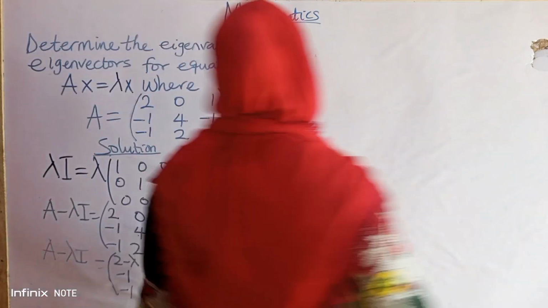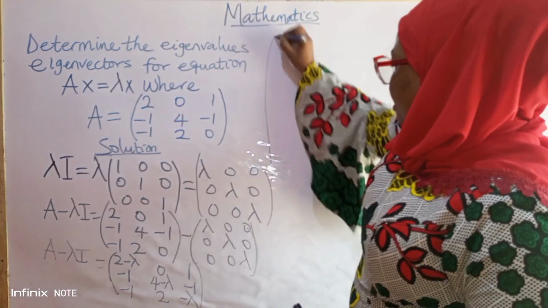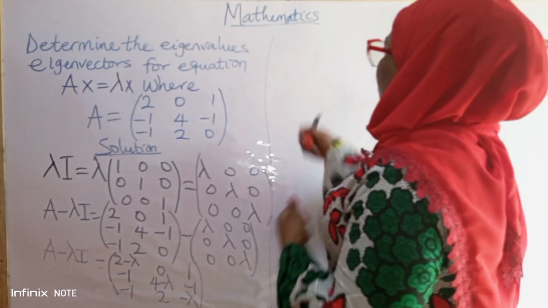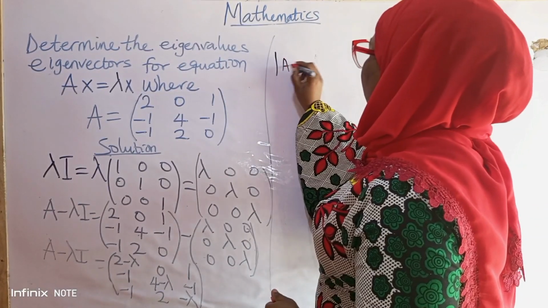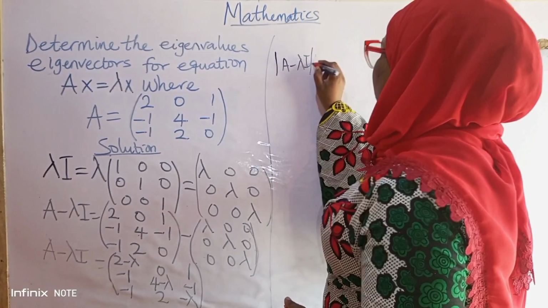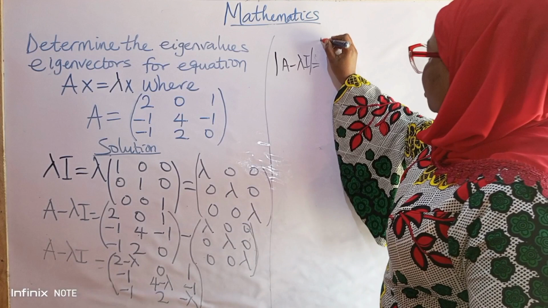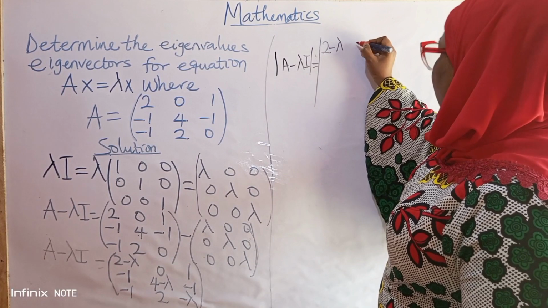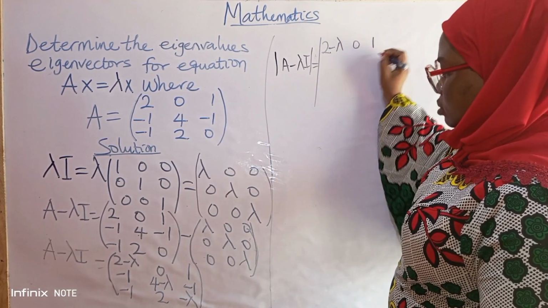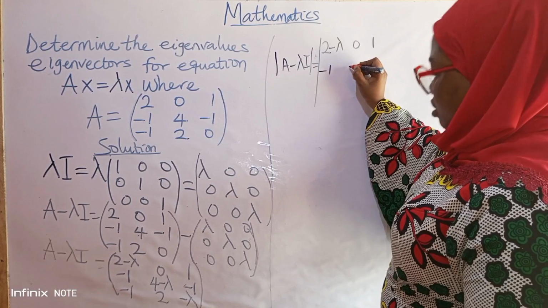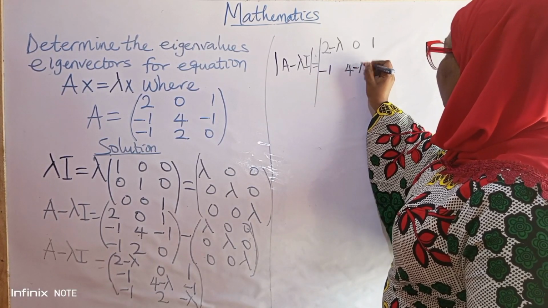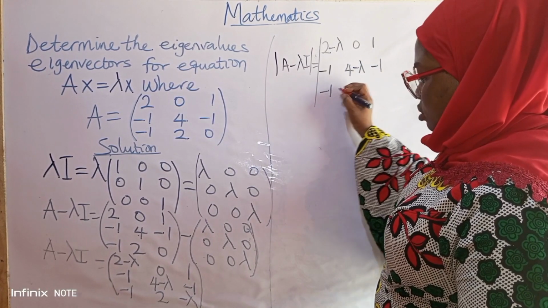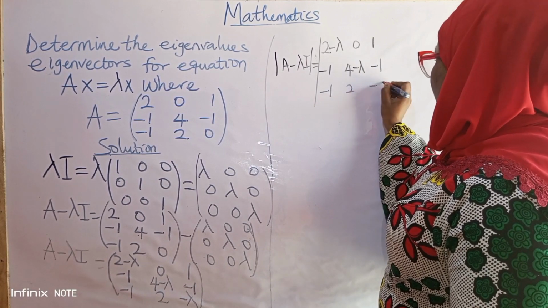The next thing is to find the determinant of A minus lambda I. So the determinant of A minus lambda I is going to be the determinant of 2 minus lambda, 0, 1, minus 1, 4 minus lambda, minus 1, minus 1, 2, minus lambda.